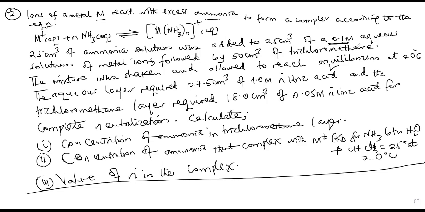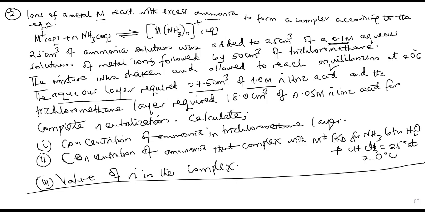Followed by 50 cubic centimeters of trichloromethane. The mix was shaken and allowed to reach equilibrium. The aqueous layer required 27 of 1 molar nitric acid. Okay, so if we have the nitric acid, we can easily get the ammonia, because ammonia reacts with nitric acid to form ammonium nitrate.